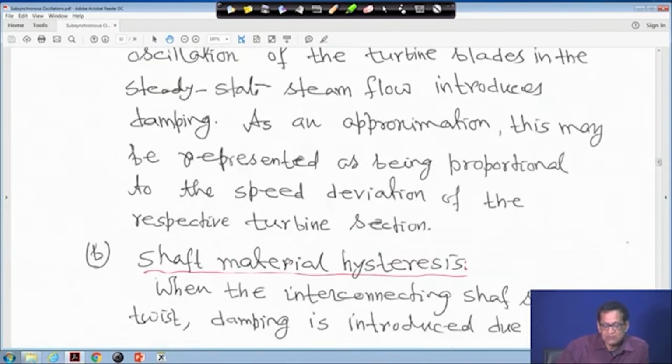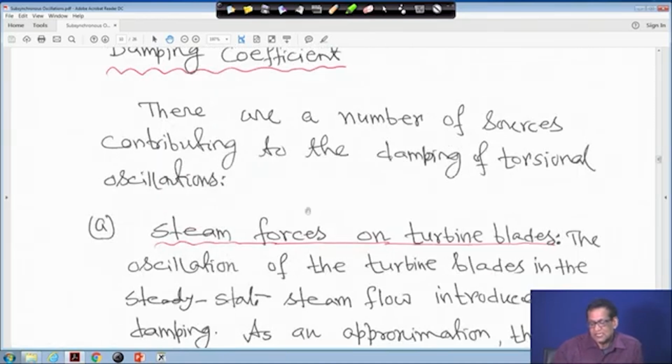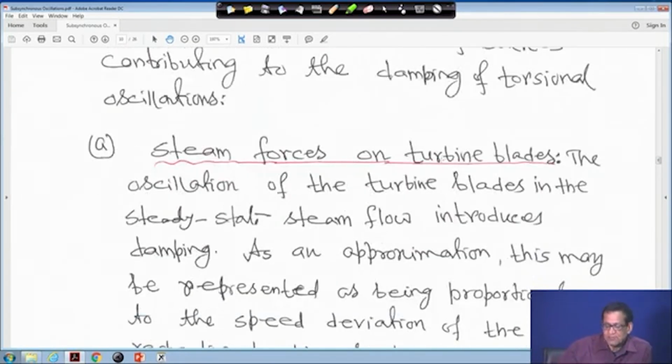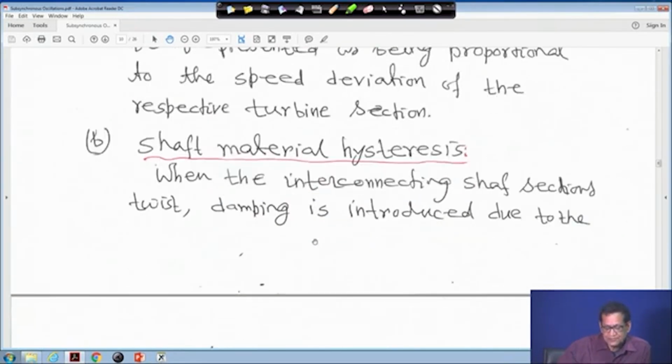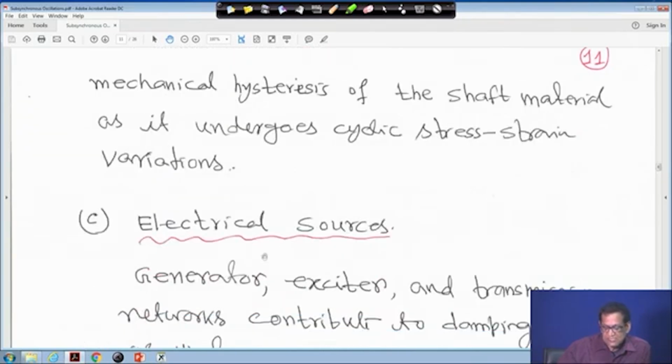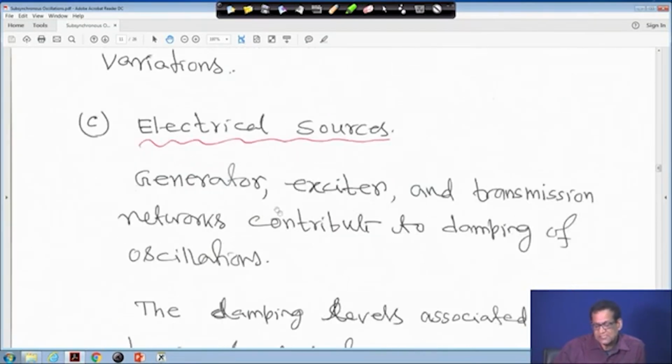So, the sources contributing to damping are steam forces on turbine blades, shaft material hysteresis, and electrical sources.